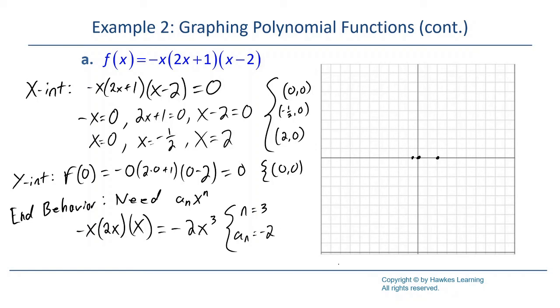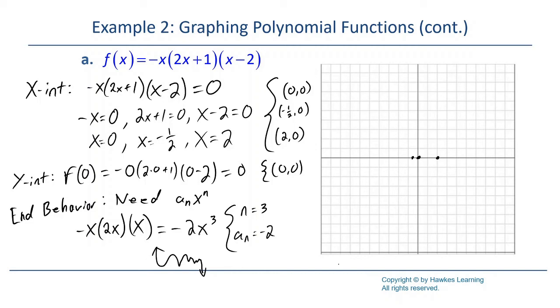So if you go back to the chart, I'm not going to scroll back to it, but what we have is an odd power with a negative leading coefficient. So what that means is it's going to have something like this shape. And again, middle doesn't matter. Middle is just there to indicate that changes can happen.